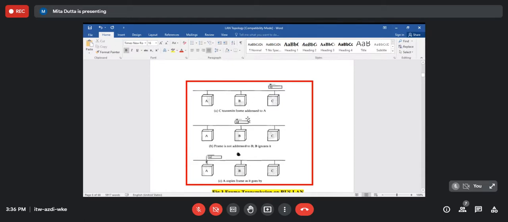So when the data packet comes to B, B will reject it by seeing the address part of the data frame, and then it will go on, and when it comes to A, since the address of A matches the address of the data packet, A will accept the information.